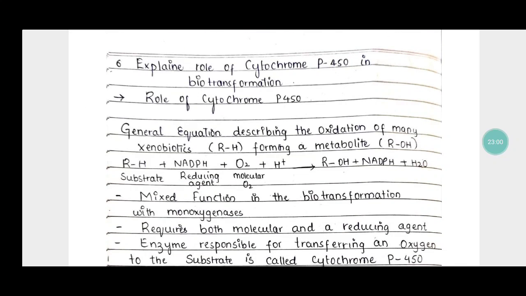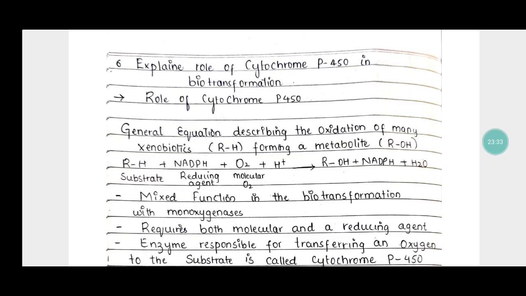So question number 6: explain the role of cytochrome P450 in biotransformation. The role of cytochrome P450 in biotransformation is most important for the further reaction, or further transformation, of phase 2.